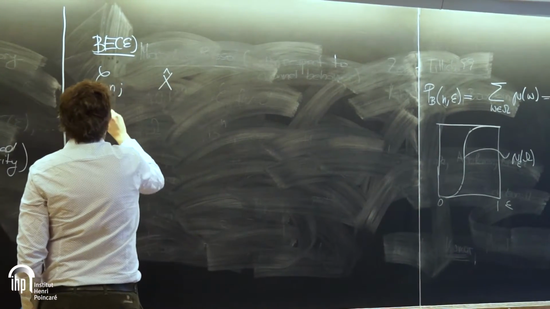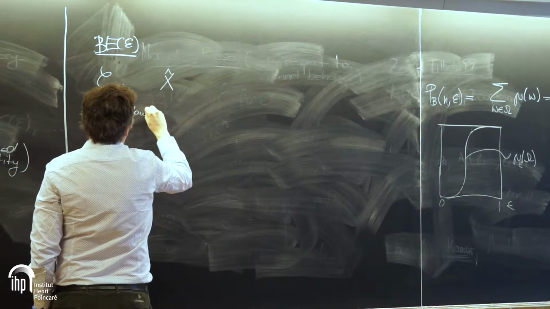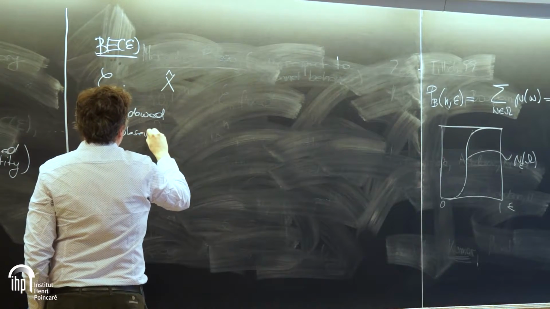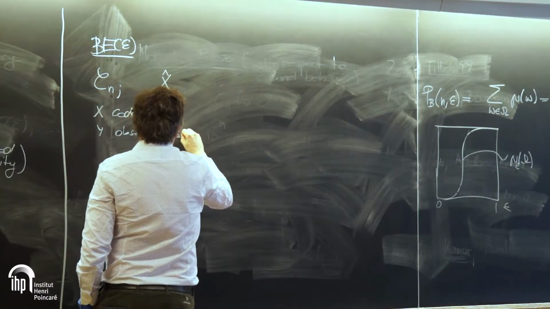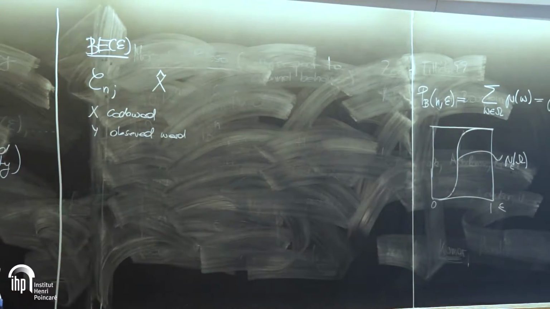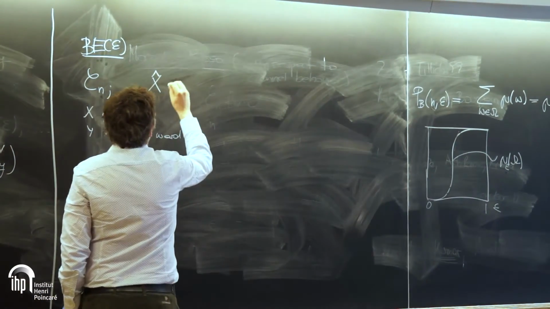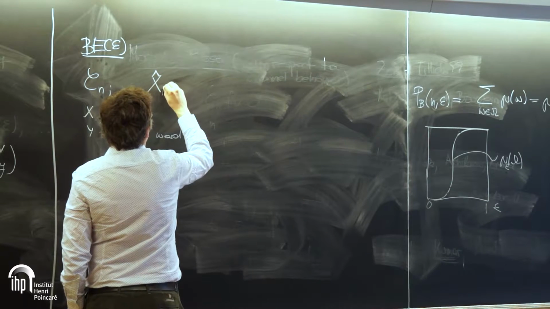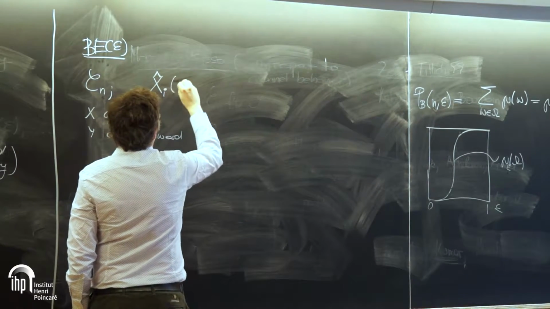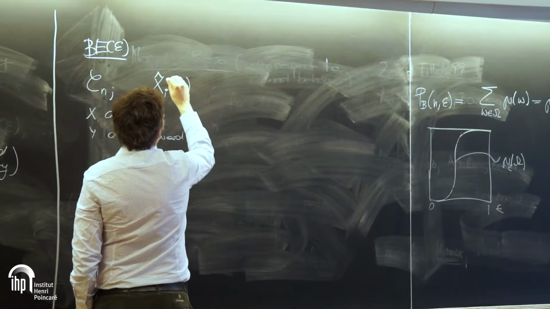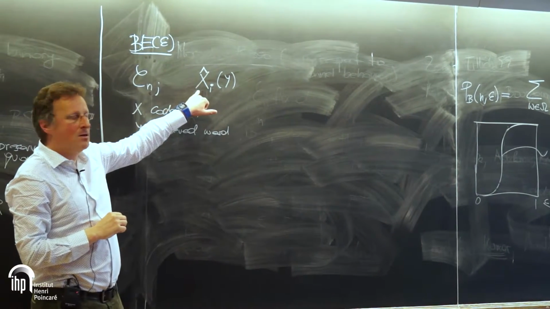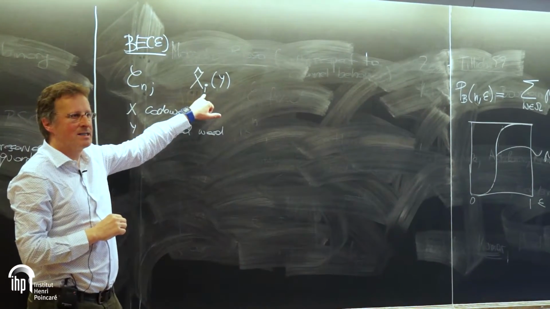X is the code word, and Y is the observed word. The estimator, let me call it here i, for position i, as a function of the observed word, is my estimate for bit i that was sent.